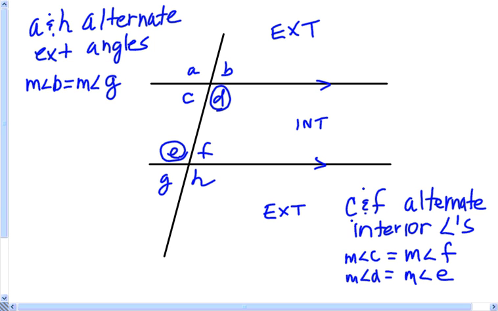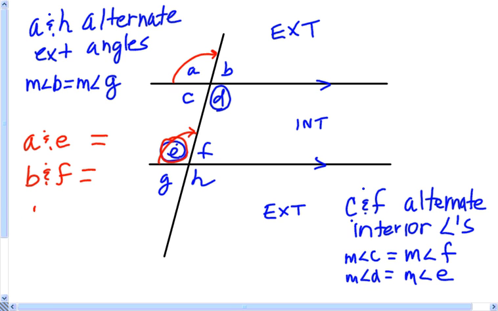And we have some other congruent angle pairs like E and A. I'll pick a new color here. E, this angle right here, and this angle right here are also the same. A and E are equal. B and F are equal.